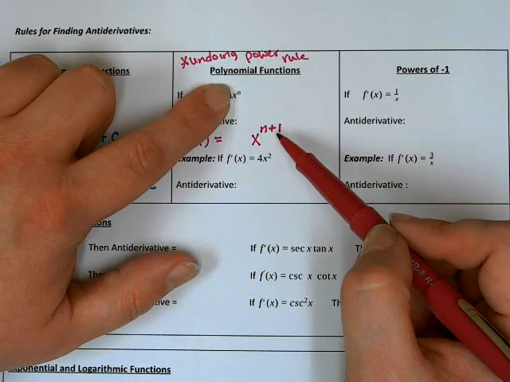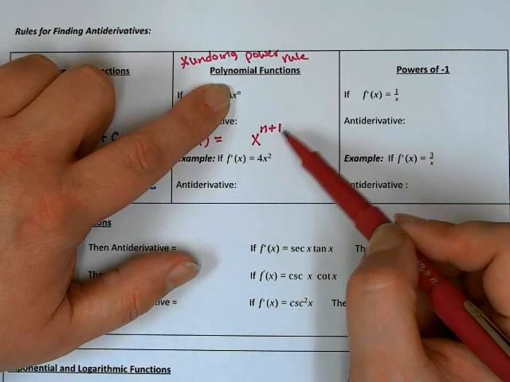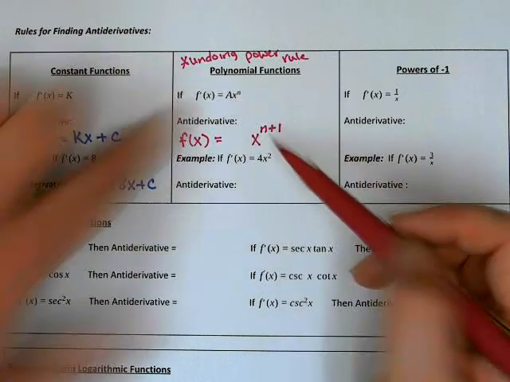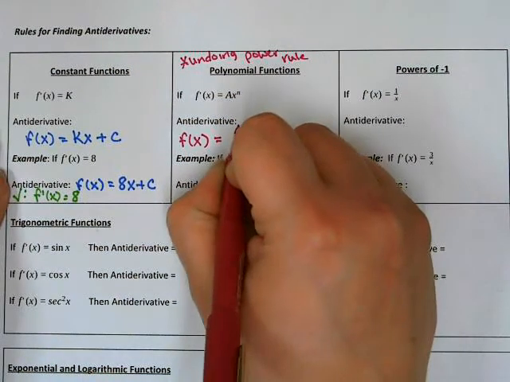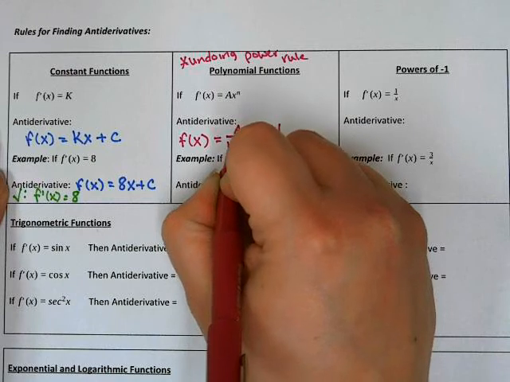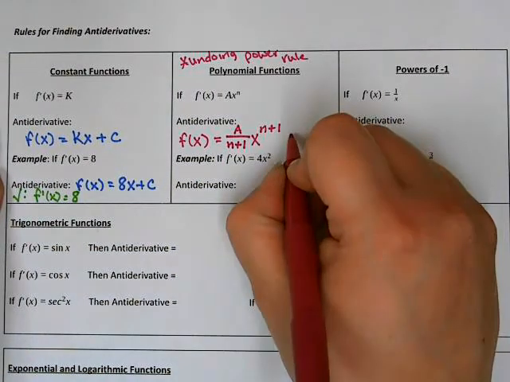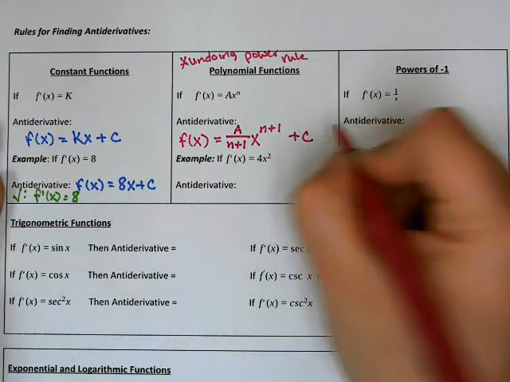We also know that when we're doing power rule, we usually take our exponent and multiply it in front. So since we already have this a, this is actually going to become a over n plus 1. And then we're going to have plus c at the end.